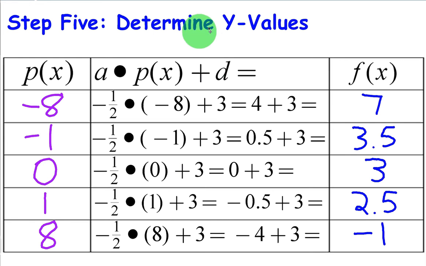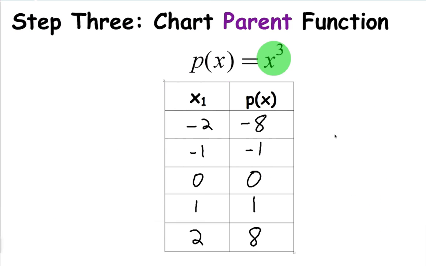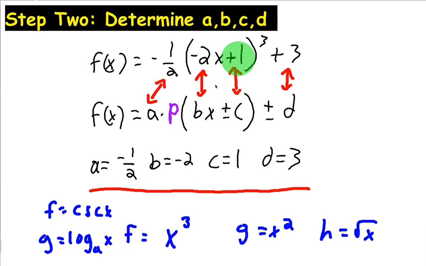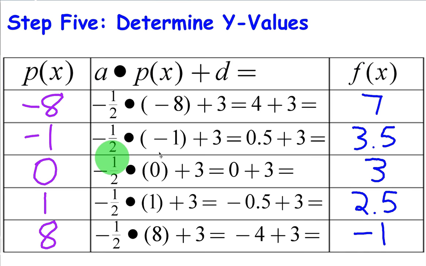Good stuff. Next up, we're going to be determining our y values. Now again, I've already shown the proof for this. You're going to take the y values in your parent function chart, so these numbers right here. You're going to multiply them by a value, which we determined right here, the number in front of the function, and then we're going to add d. So in this case, it's going to be negative 1/2 times p plus d. So just take these numbers, multiply them by a, and then add d to them.